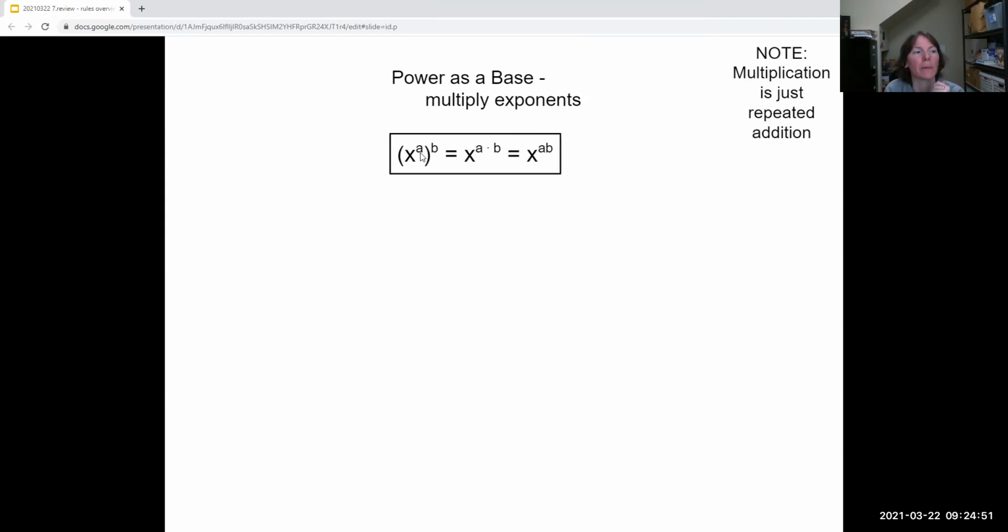Where before, if you think about it, the exponent that was in here was that implied exponent of 1, but really it worked the same way. Okay, so again, let's pick an example. If you had x to the second and you are raising that to the 6th power, so x to the second to the sixth power, what would you end up with as an answer?